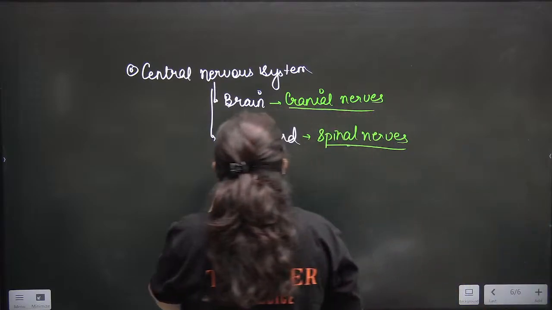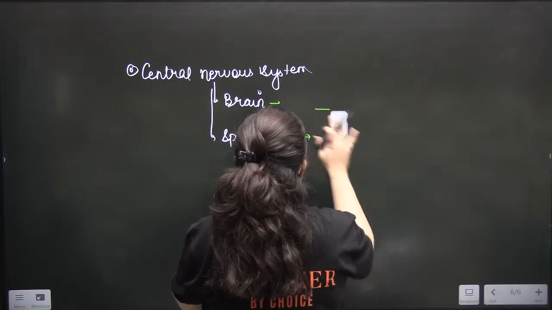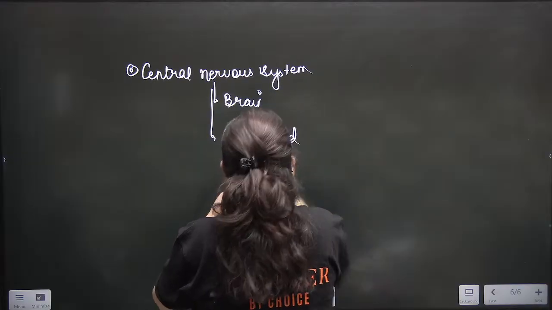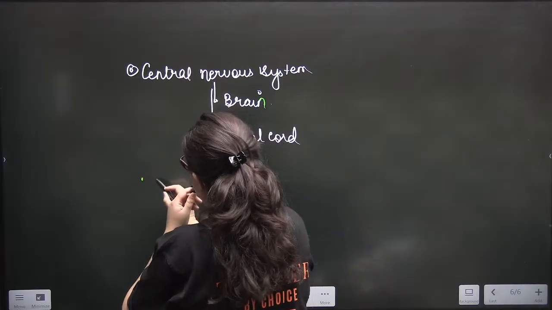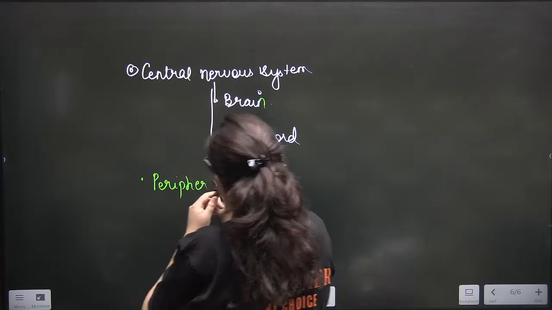Second is peripheral nervous system, which forms from the central nervous system.